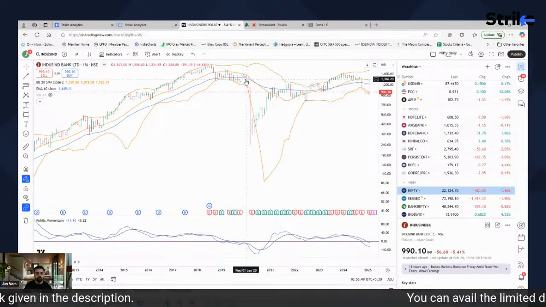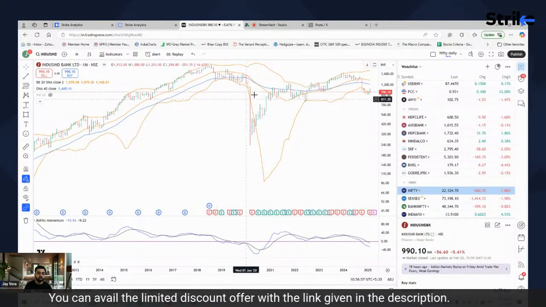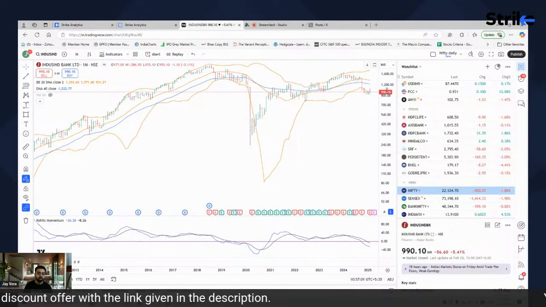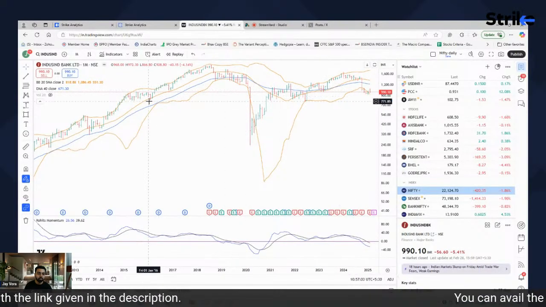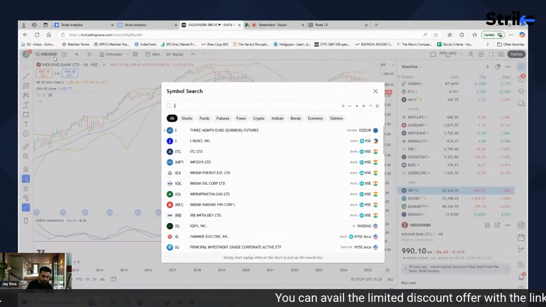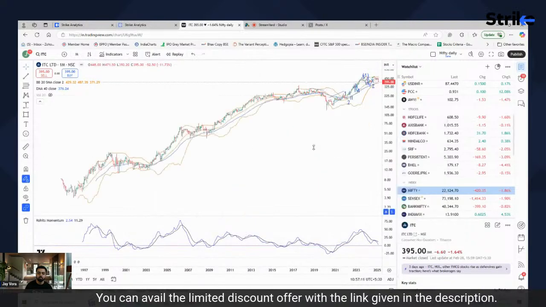From 1395, it went all the way down to 235. So it was a massive cut. Many people who might have invested over here are still not making money, even after 5 years. And this is not just this stock, it is happening with many stocks.